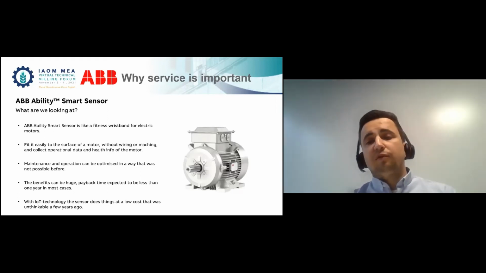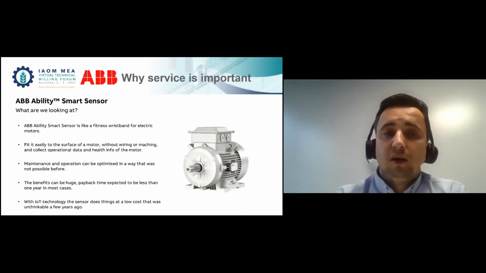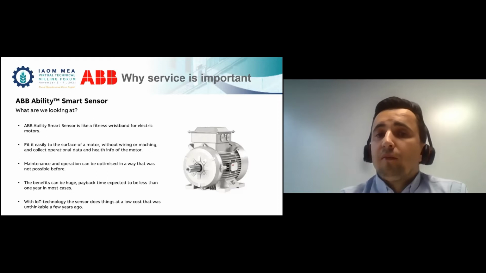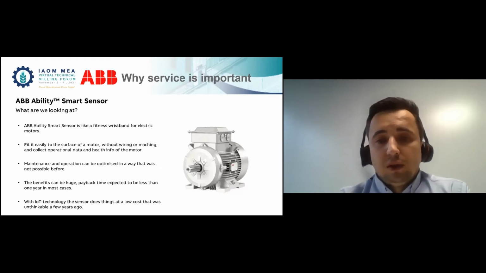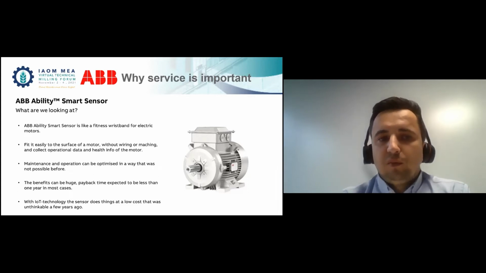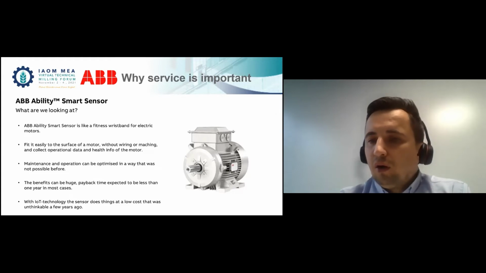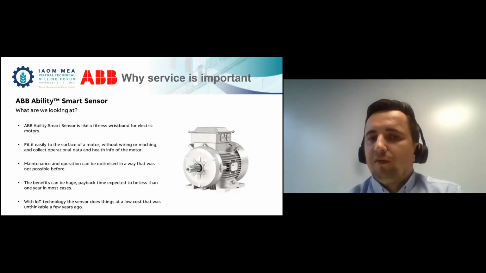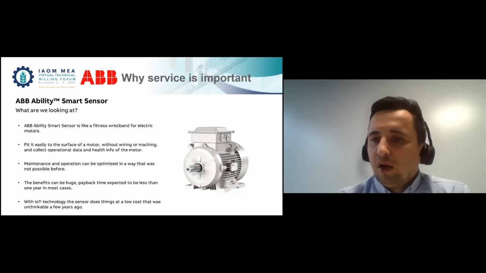There are many types of smart sensors and digital solutions which can help you. In this case, we are looking at the motor equipped with the motor ability smart sensor from ABB. With our very long history and knowledge of motors, we have designed a smart sensor which works like a fitness wristband for electrical motors.